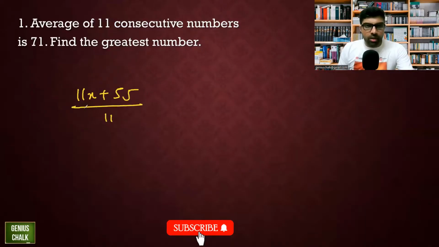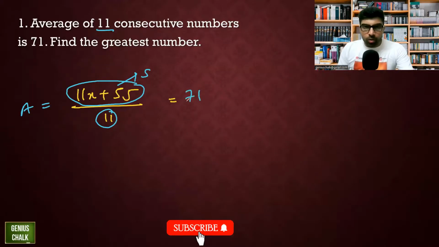How many numbers are there? There are 11 numbers. I have written the sum, because average means sum by number of things. So this is sum, and there are 11 numbers, and this is equal to 71. Now if you multiply, it will become 11x plus 55 equal to 11 into 71.